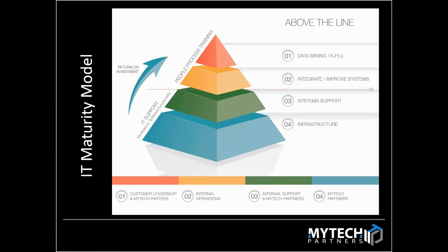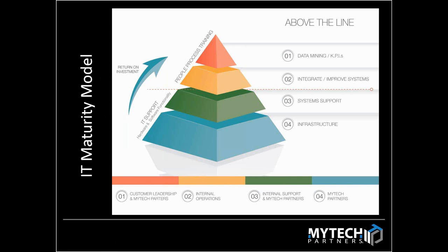Because I tell you, again, there's that arrow on the left-hand side here, which is the return on investment. The more time you as owners and operators can spend above the line focusing on improving those components, the greater return on investment you're going to get on your systems. The better customer service you're going to deliver to your customers. The better margins you're going to deliver to your organization.